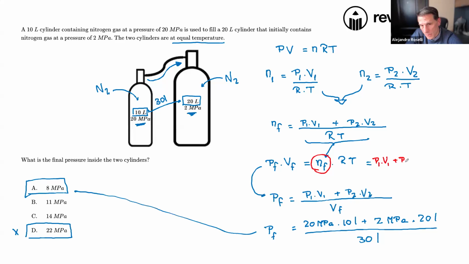I'm just writing the expression above, no thinking here, just copying, divided by RT. That is n_f, the total number of moles, multiplied by RT. That's why RT gets canceled because of this. So just multiplying and dividing by RT.